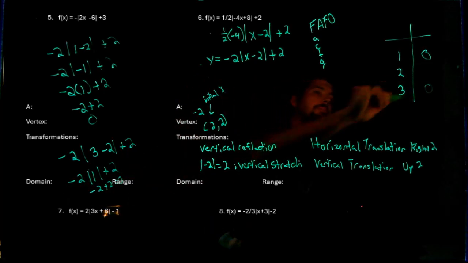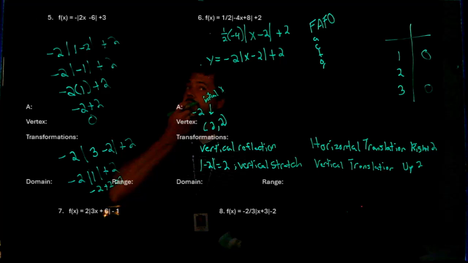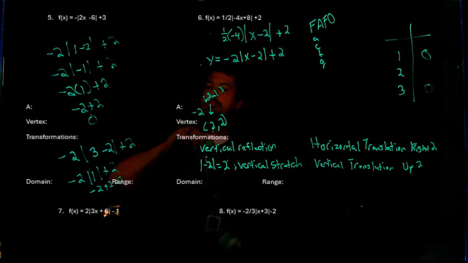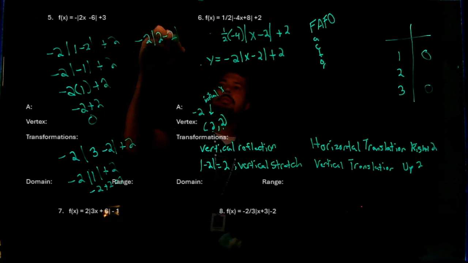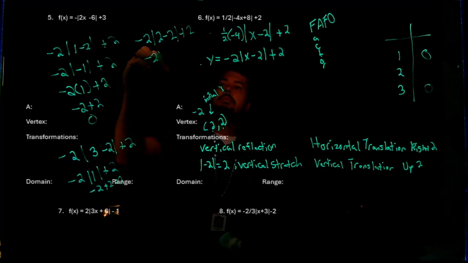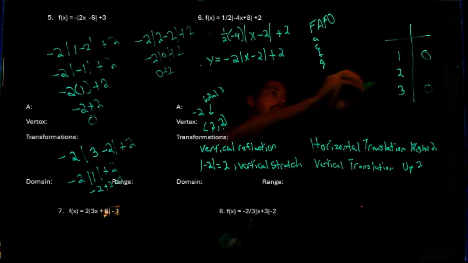So the only interesting point there is going to be what happens at 2. And I think it's going to generate a 2 back, at least it should. Negative 2 absolute value of 2 minus 2 plus a 2 is negative 2 absolute value of 0 plus a 2. 0 times anything is 0, and 0 plus 2 is 2.